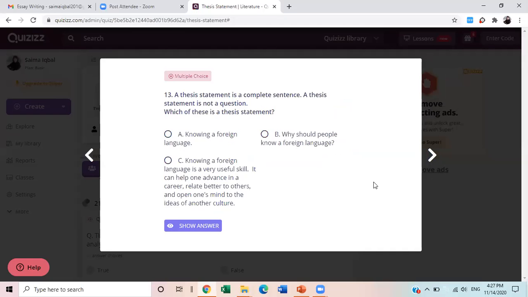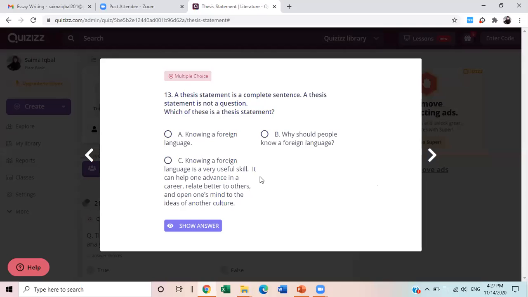A thesis statement is a complete sentence. A thesis statement is not a question. Which of these is a thesis statement? Why should people know a foreign language? Or: Knowing a foreign language is a useful skill. It can help one advance in a career, relate better to others, and open one's mind.